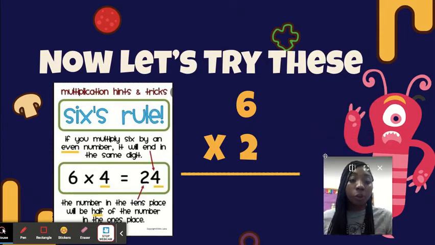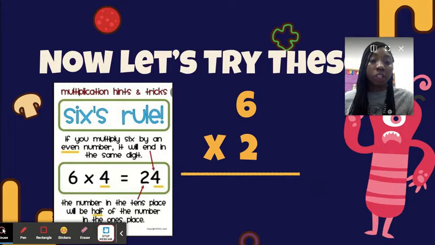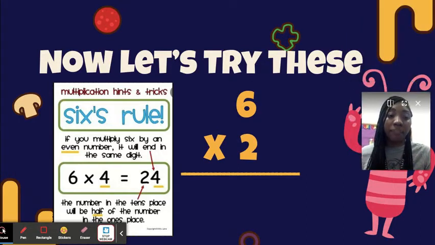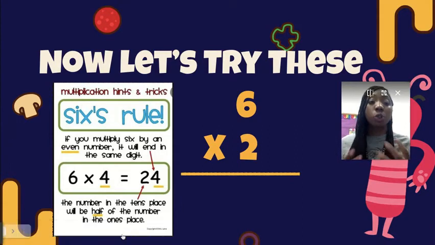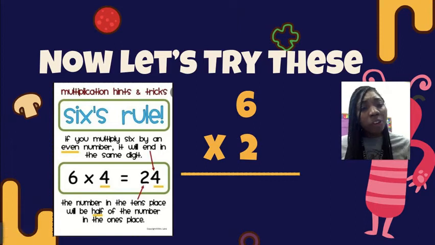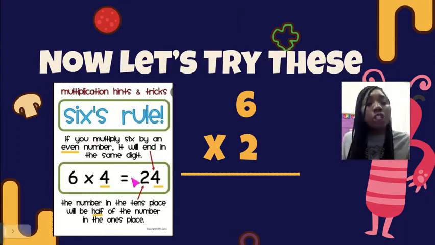Today we are going to look at our 6 times tables. And guess what? I have a really nice strategy that can help you with your 6 times tables. Today we're going to learn about the sixes rule.